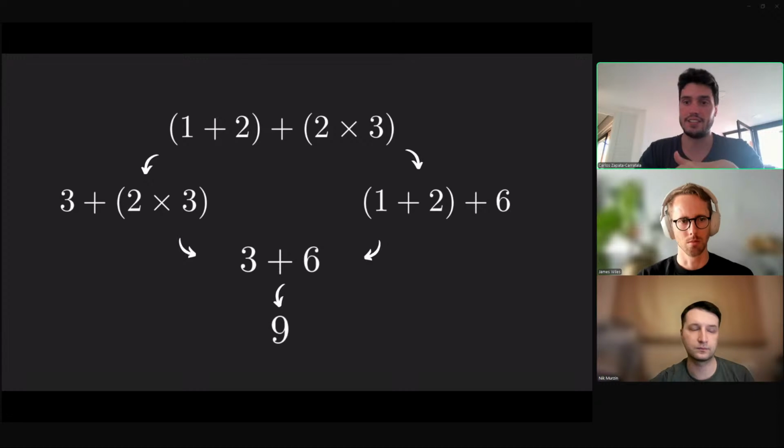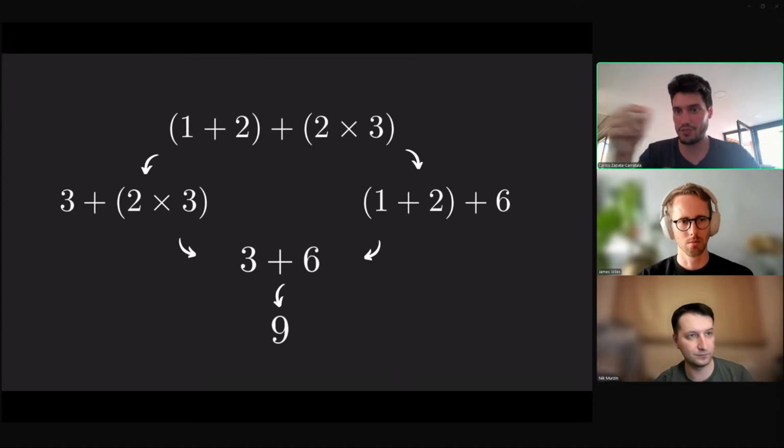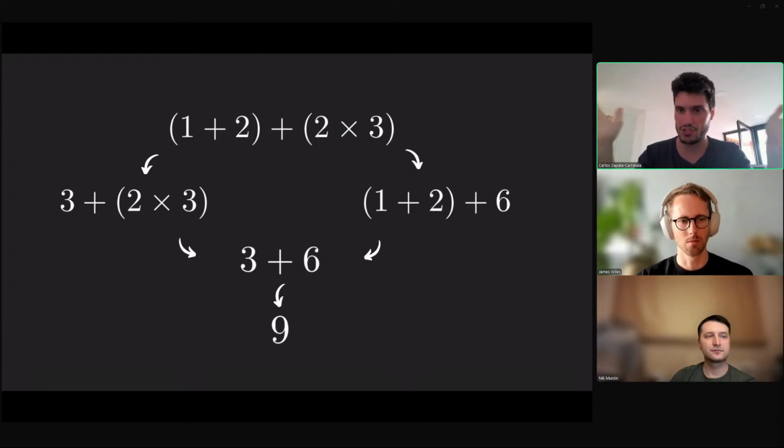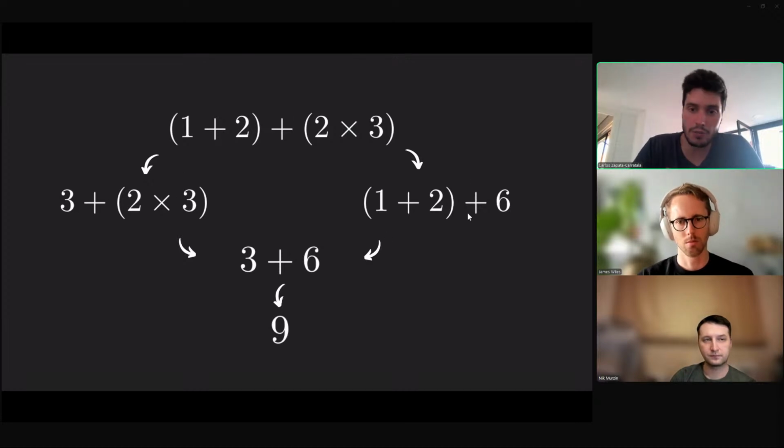You know that 3 looks different than 4, like the numeral character, so okay, they are different. You just have a pre-established notion of identity, meaning that they are separate. However, if you have this sort of situation where you have 3 plus 2 times 3 and 1 plus 2 plus 6, these are very different looking terms, right?